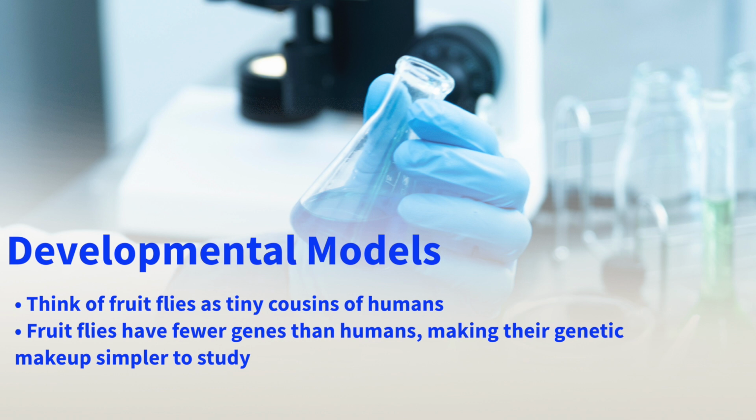Think of a fruit fly like a tiny cousin of human beings. They might look different, but they use similar genetic instructions for their body. Fruit flies also have the advantage of having fewer genes as compared to human beings. They also help us study development on a miniature scale.